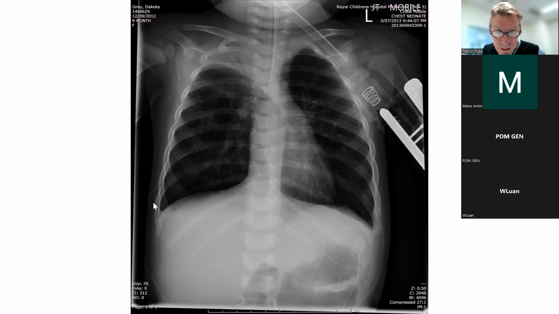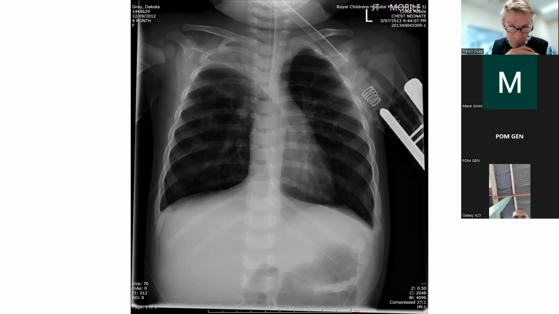You look at how the hemidiaphragms are very flat, and the lung fields look really black. And when you see lung fields that are looking very, very black, it's either because it's an overexposed film, or there's a pneumothorax, or there's over-distension of the lung. And there's one other reason why you can see very black lung fields. What is the other reason?